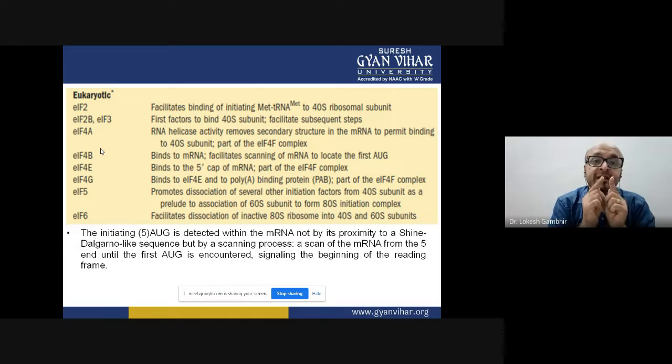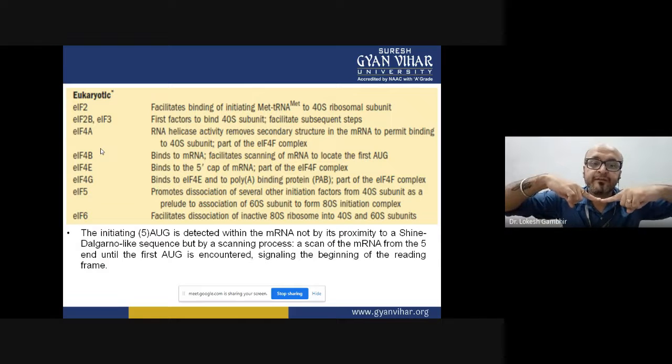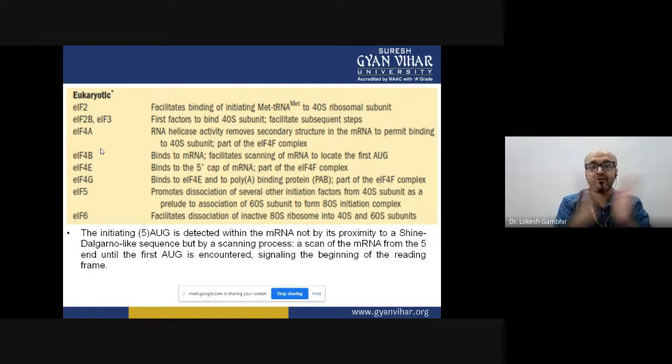In a small portion, the single strand orients itself in such a manner that it forms a very small stretch of double strand RNA, and that double strand RNA is required to be removed in order to linearize the complete mRNA. And that is the function of initiation factor 4A, which is acting as a helicase.